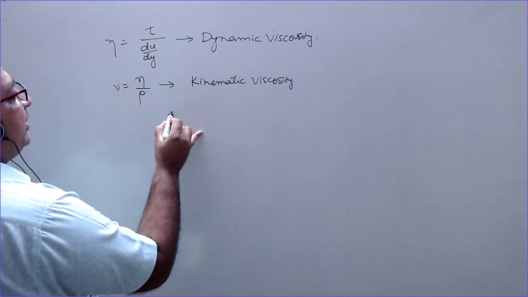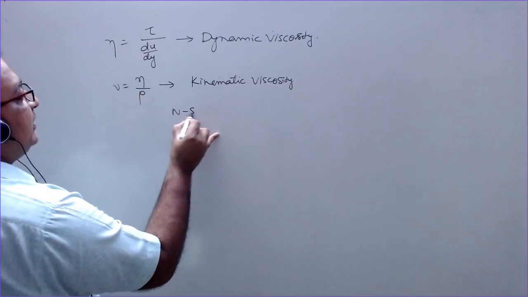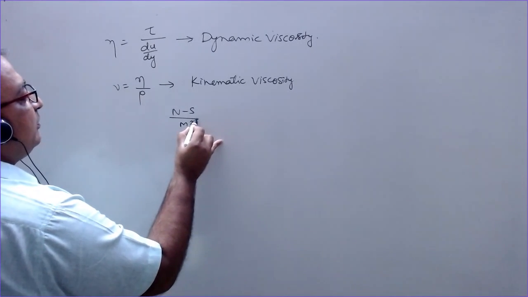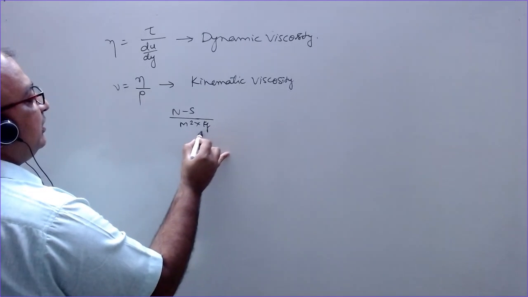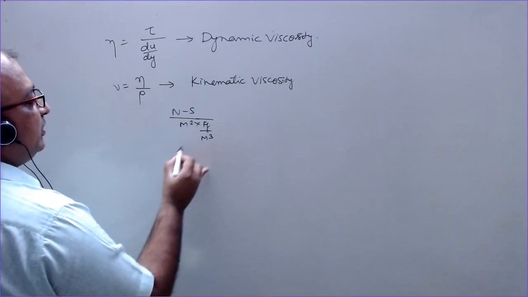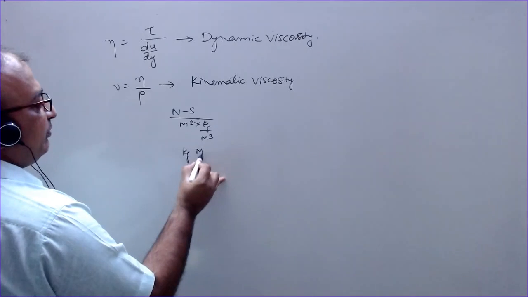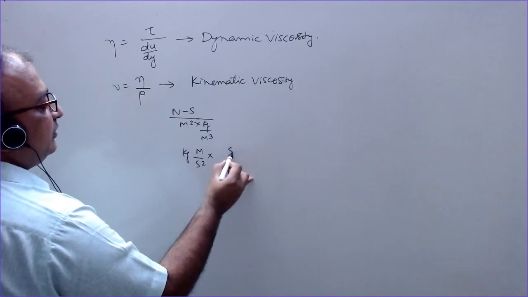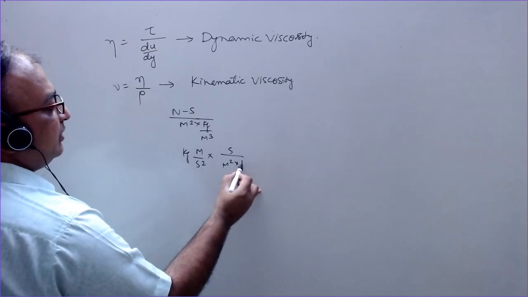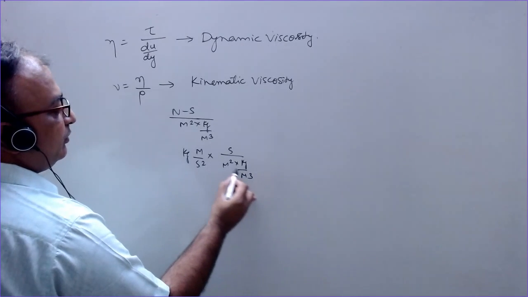Eta has a unit of Newton second per meter square, and density is kilogram per meter cube. Newton is kilogram meter per second square, so into second per meter square, upon kilogram per meter cube.